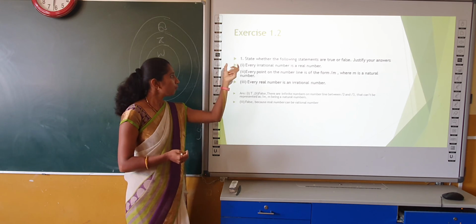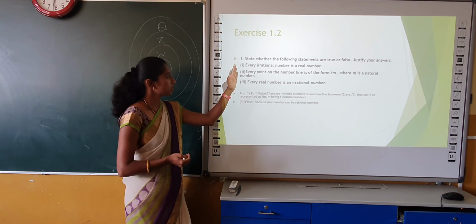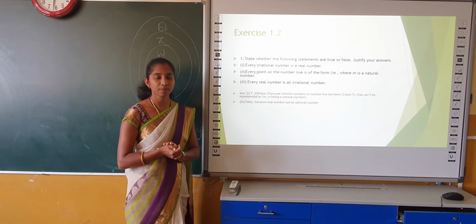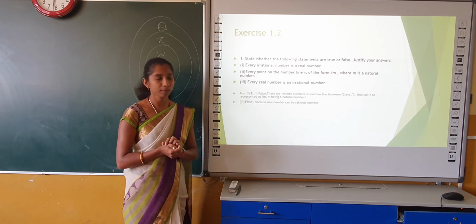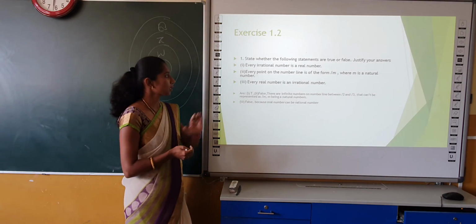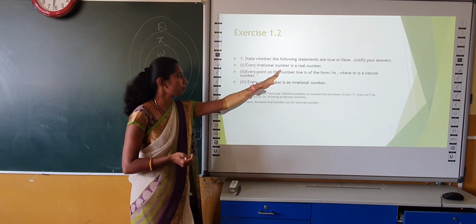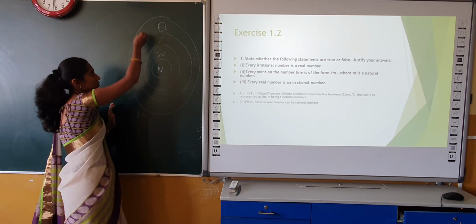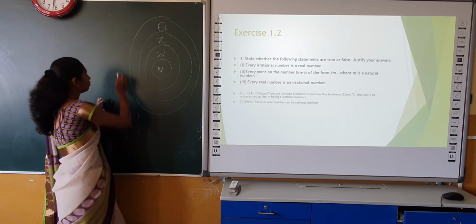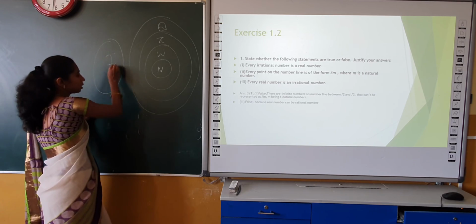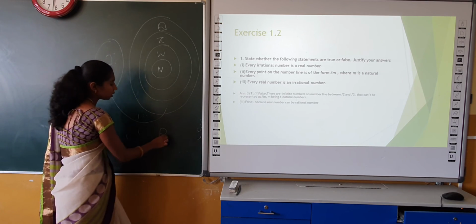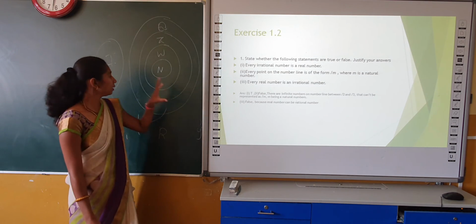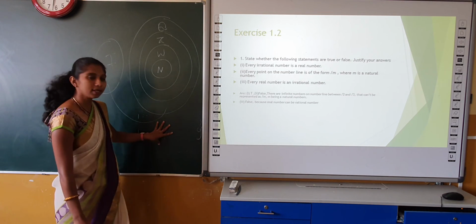Okay. First question here: state whether the following statements are true or false. Just like the previous problem. The first question: every irrational number is a real number. Rational numbers and irrational numbers together make the real numbers.